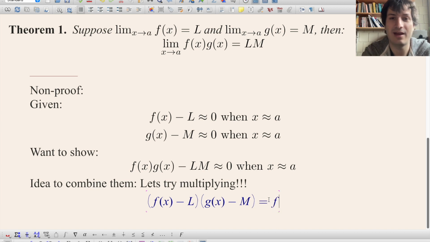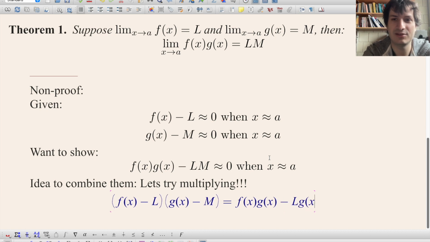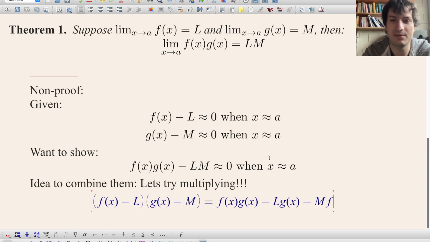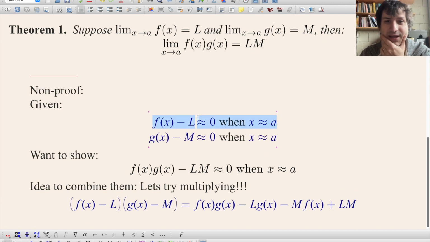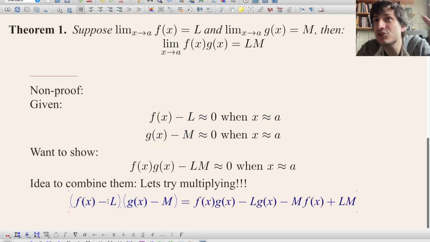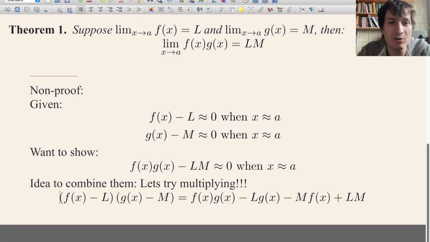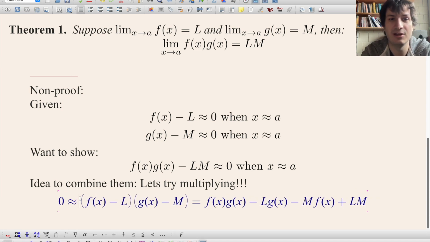We get f of x times g of x, I'm just expanding here, FOIL, minus L times g of x, minus m times f of x, and finally plus L times m. So by multiplying, this thing is approximately 0, this thing is approximately 0, and if you multiply them together, that should still be approximately 0. So 0 is approximately all this stuff, and on the other hand, it's equal to this nice expansion.